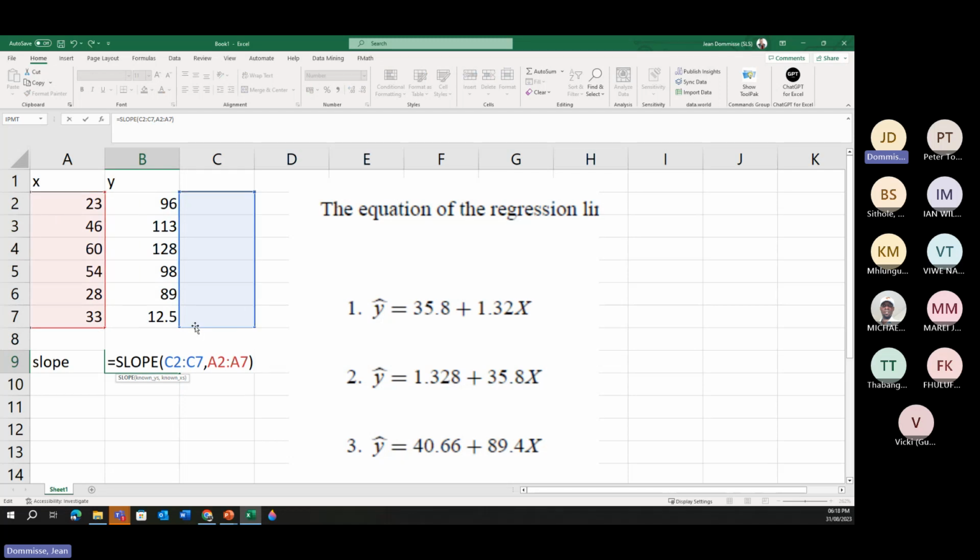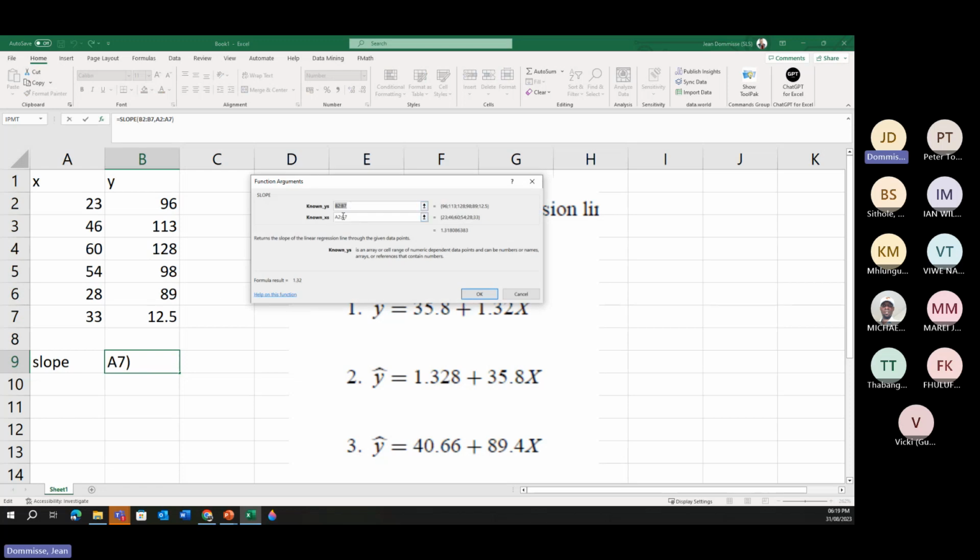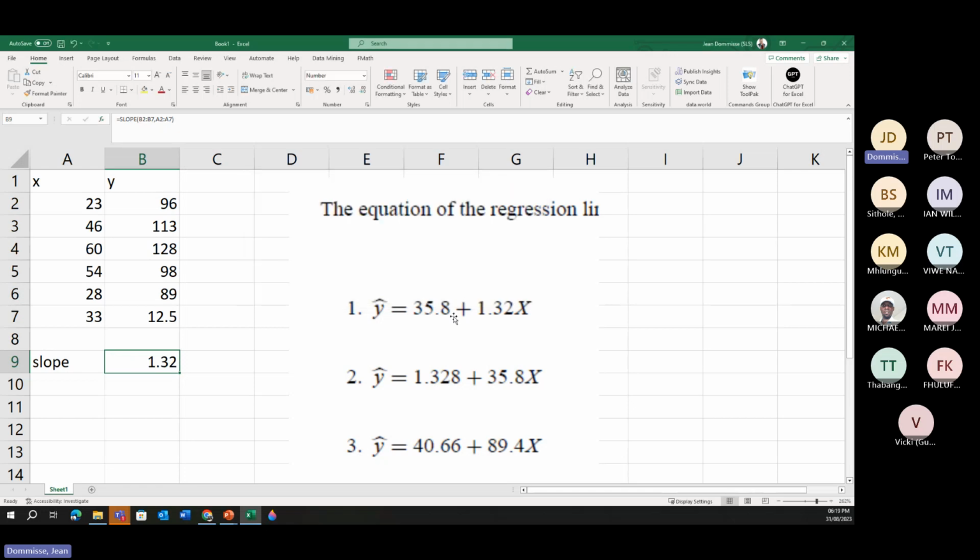So it is very important that we get the slope right. So again, when we look at the formula, just be careful. They want the y's first, and then they want the x's. And then for the y cutoff, let's just quickly see.